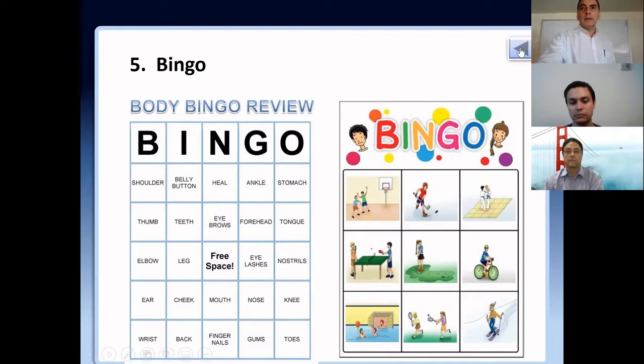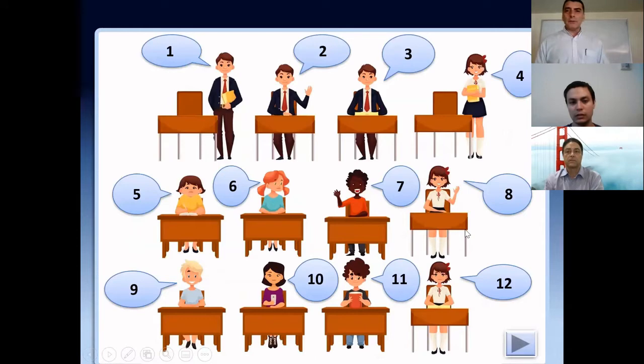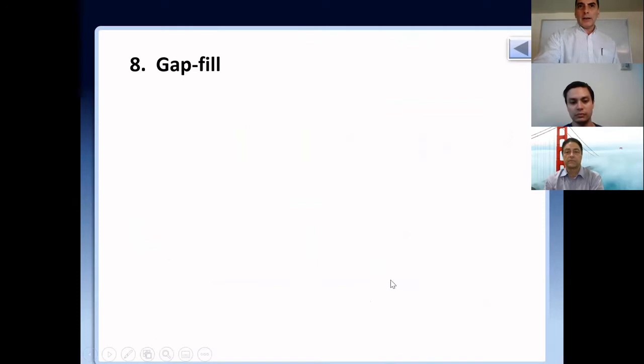Good, bingo there. What others do you know? Some sort of fill in the blank exercise. Okay, fill in the blank, that's number 8. Fill in the blank, also known as gap fill. Again, a couple of slight variations here.